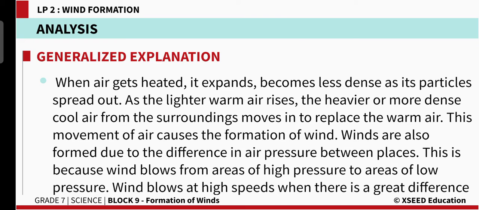As the lighter warm air rises, the heavier and more dense cool air from the surrounding moves in to replace the warm air. Because warmer air is lighter and cold air is denser or heavier, this movement of air causes the formation of the wind.